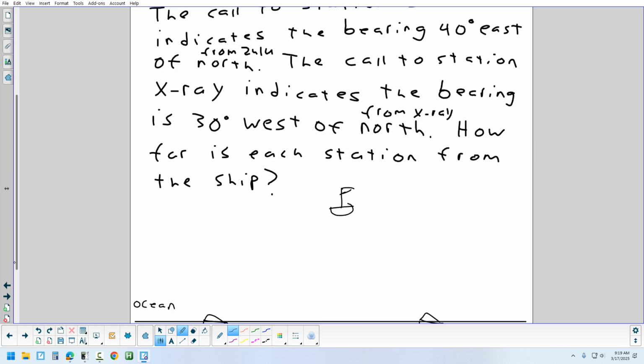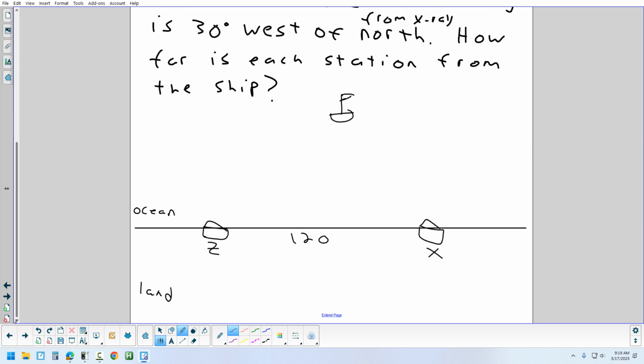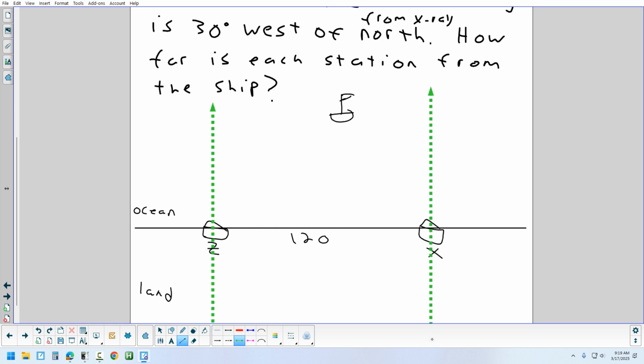So what we need now is an imaginary line at each Coast Guard station that represents north. That's north. That's north. Now, from each station, draw in a line that represents the direction that they see the boat in. So that first station sees the boat somewhere in that direction.